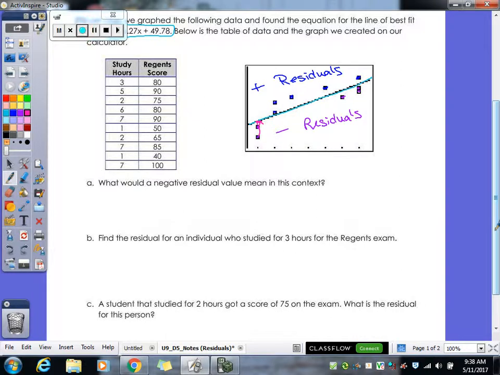So they want to first know, in this context of the problem where we're dealing with our region scores, so these points are all region scores, what would a negative residual mean in this context? What we have to keep in mind is this line here is the predicted value. That's what our line of best fit is, our predicted value.